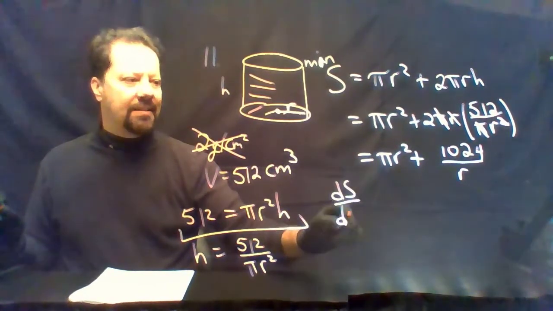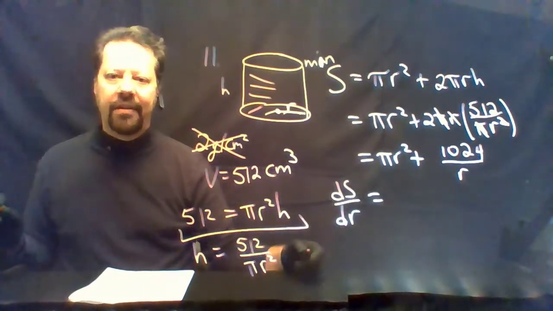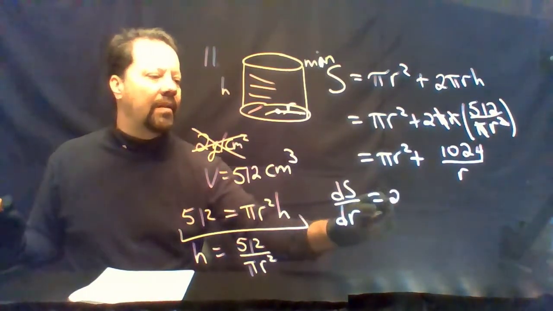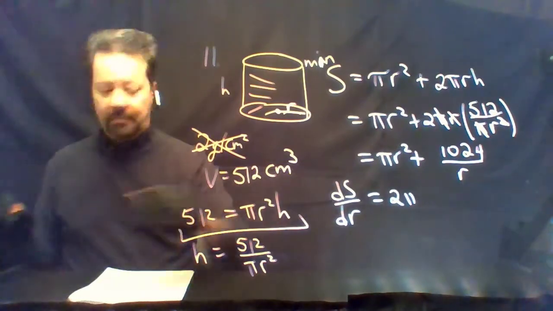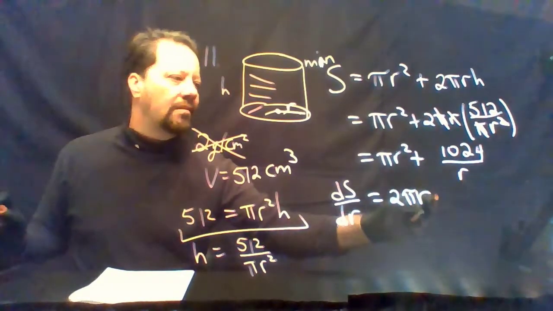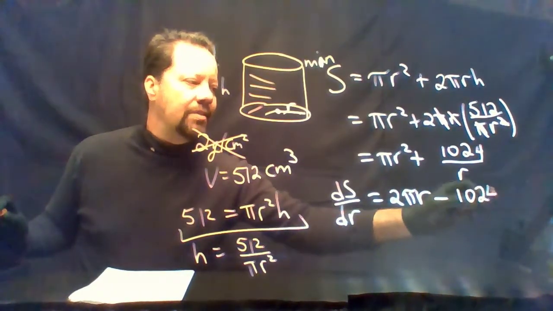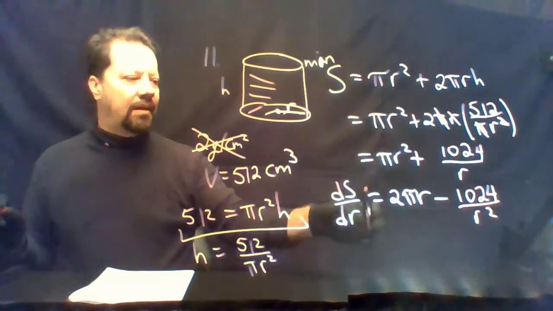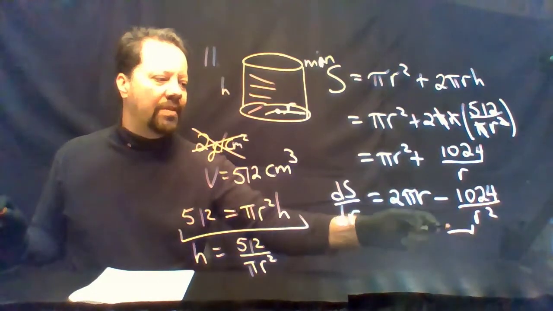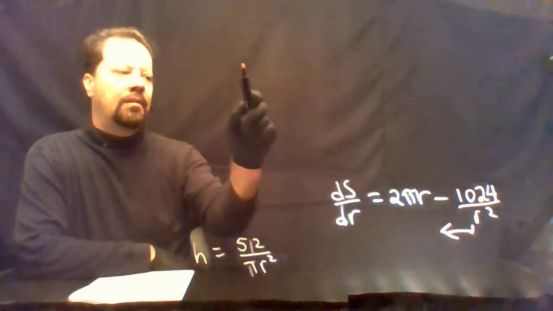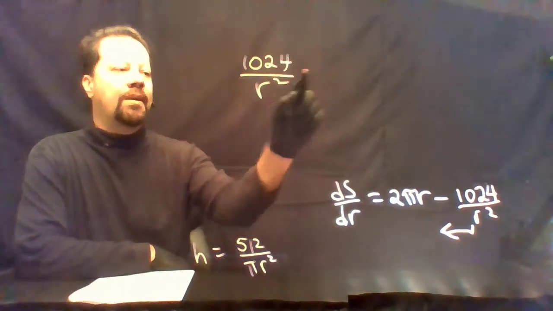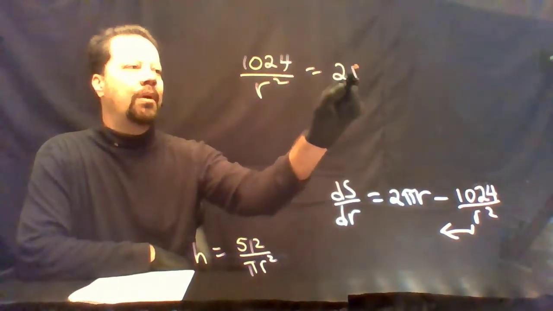To optimize in this problem, we calculate the derivative, set it equal to 0, and solve for r in this case. We have 2 pi r minus 1024 divided by r squared. Moving this term over, we have 1024 over r squared is equal to 2 pi r.